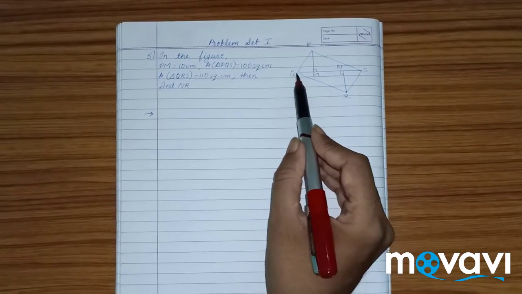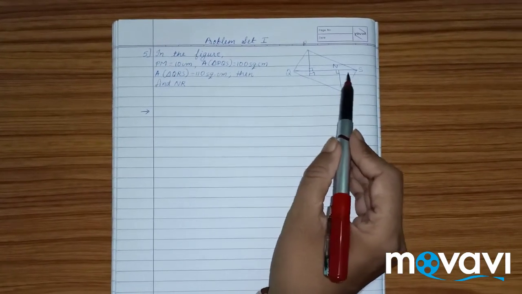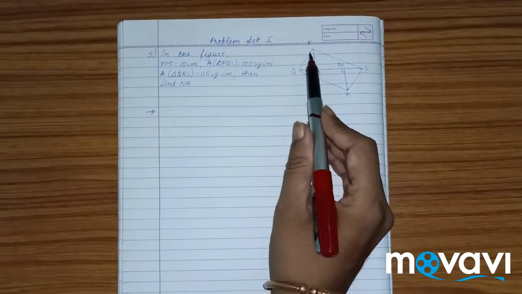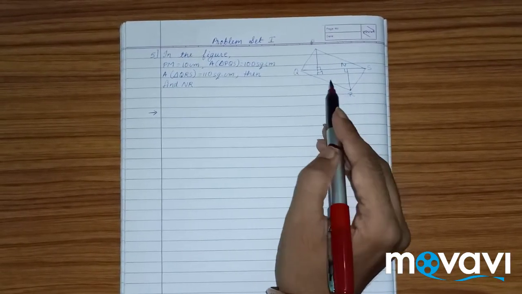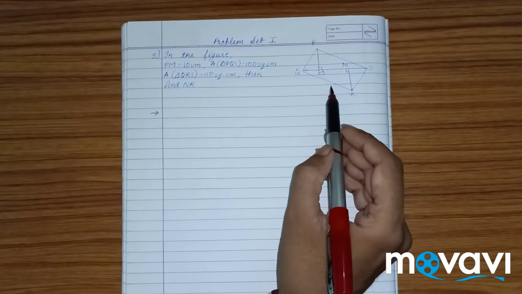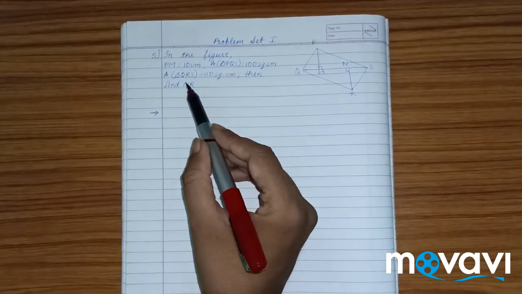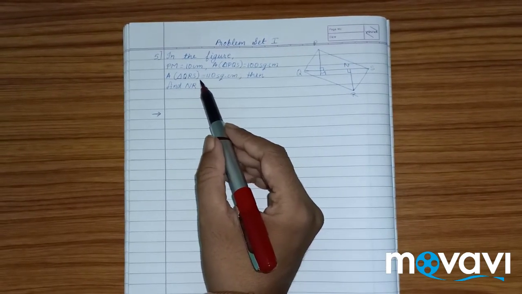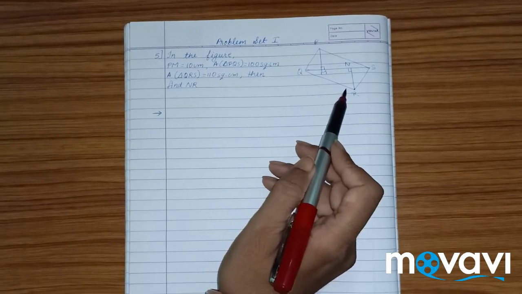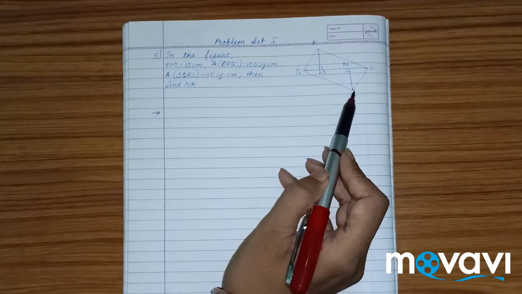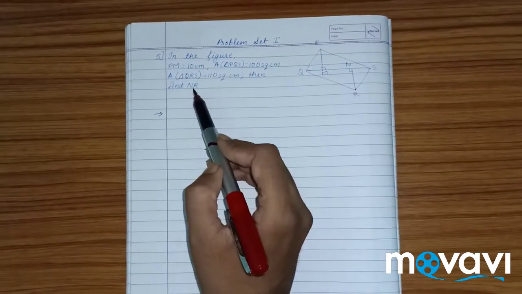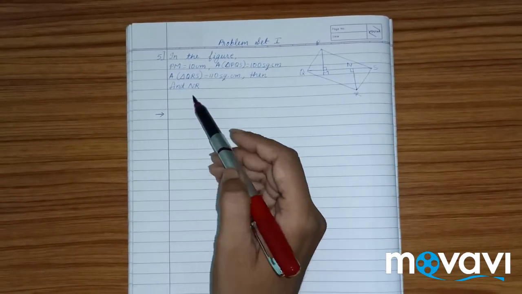Now again, if we see, QS is the base which is common in both the triangles PQS and QRS. Okay, so QS is the base which is common in both the triangles. So naturally, if I take their ratio, that should be equal to their heights. And see here, one height is given, you are supposed to find another height NR. Okay, so we are on the right track.